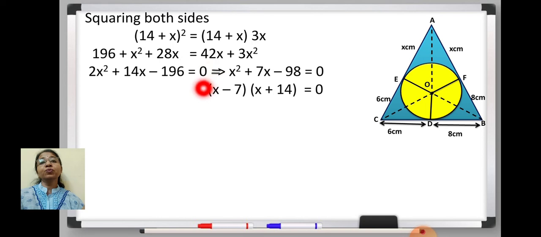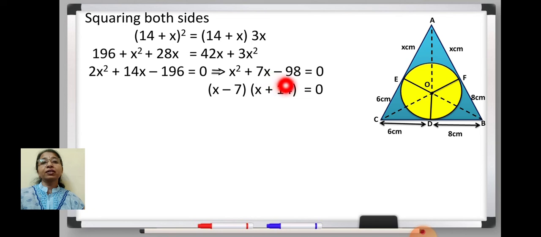Now throughout 2 is common, or you divide this equation by 2, you will get x square plus 7x minus 98 is equal to 0. So this is a quadratic equation, and you know how to solve a quadratic equation by the splitting of middle term method.